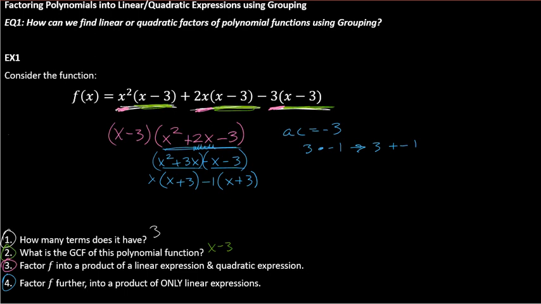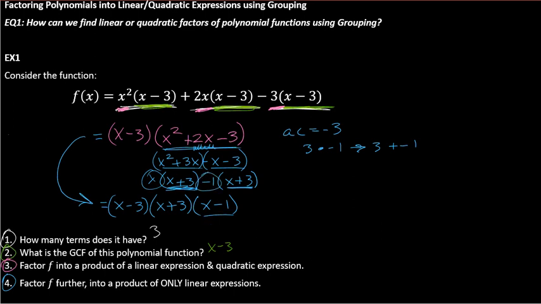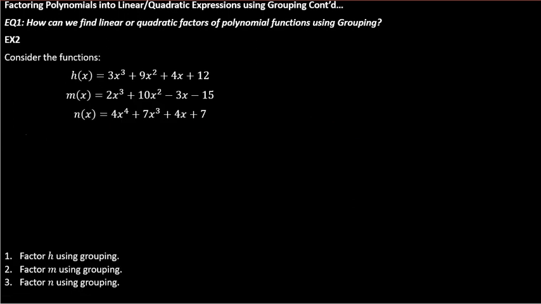So my final answer here is all of this is simply equal to x minus 3 times x plus 3 times x minus 1. We factored out this x minus 3, leaving us with the x minus 1 here. So in a nutshell, that's basically what we're going to be doing.